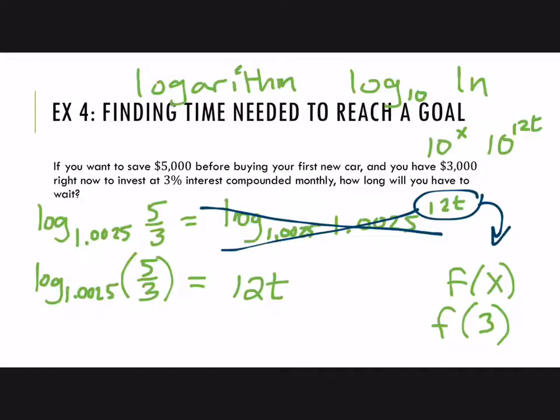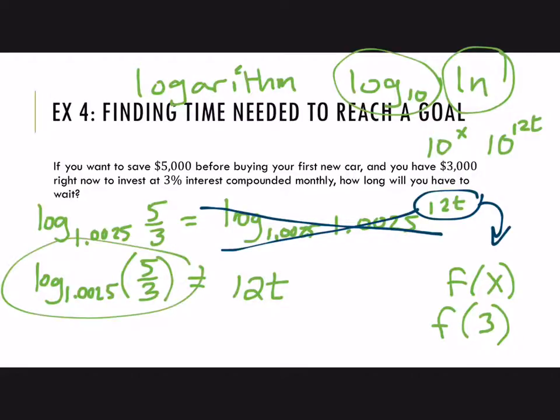There isn't a log key on your calculator, so instead we have to convert to the logs that we have, and you can use either the log base 10 or this natural log. So I'm going to go with the log base 10, and here's how you convert this.